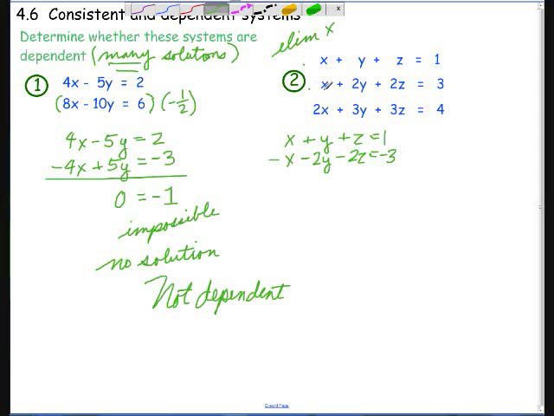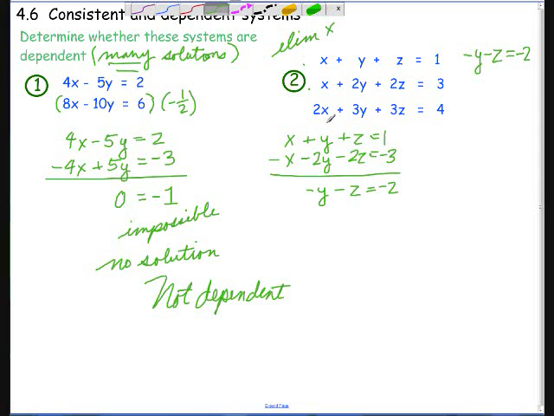Just multiply all of this by negative 1. When I add these together, I end up with a 0, which is what I wanted, a negative y, a negative z, all equal to negative 2. So let me write that up here. Negative y, negative z equals negative 2.